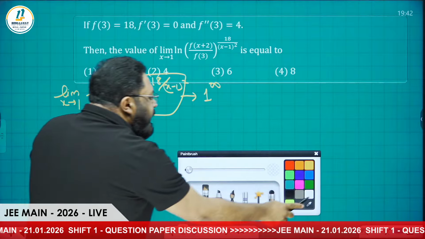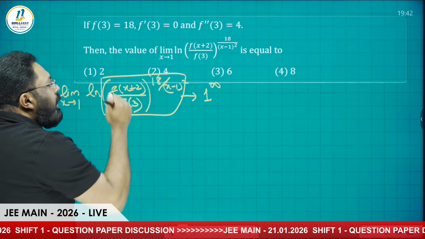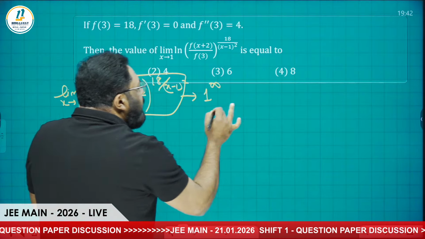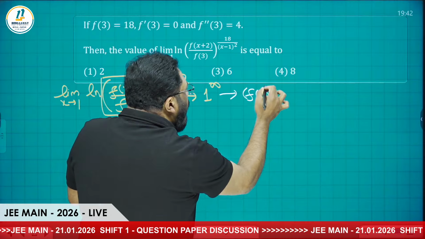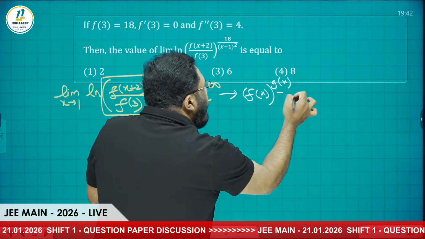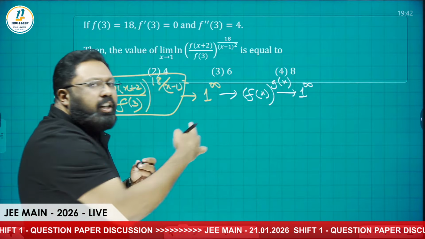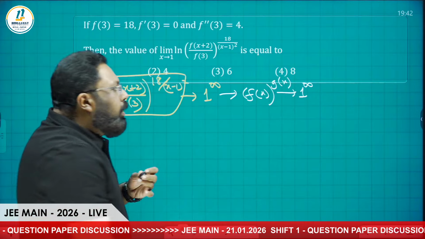Whenever your limit evaluates as 1 raised to infinity, this is an indeterminate form. You should always remember that if f of x raised to g of x evaluates as 1 raised to infinity, you can immediately transform this as e raised to g of x into (f of x minus 1). It's a very, very important indeterminate form.